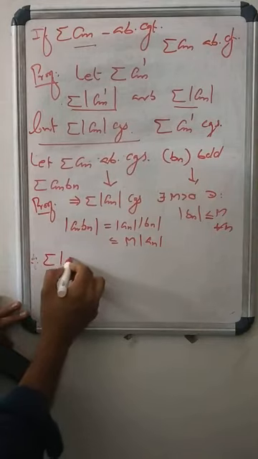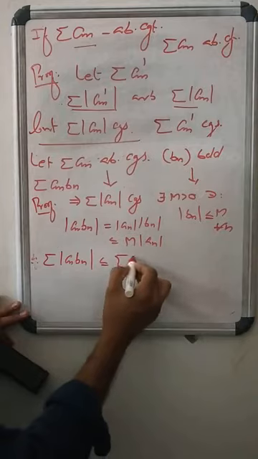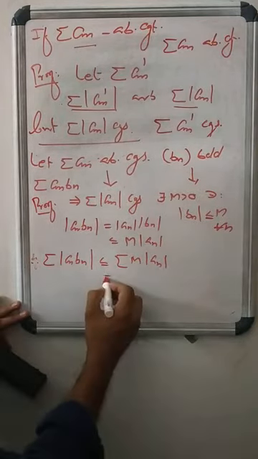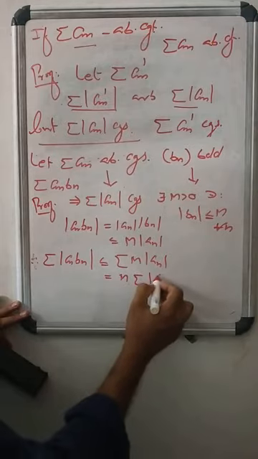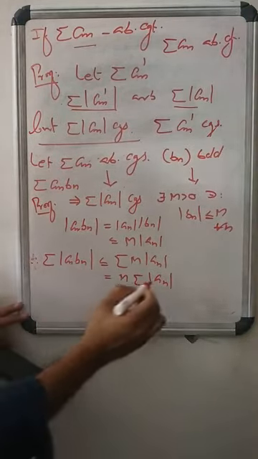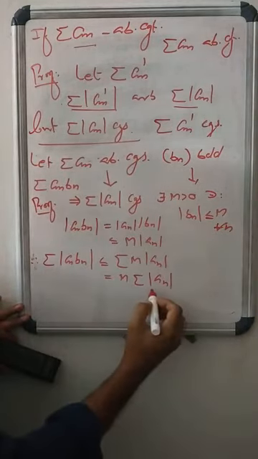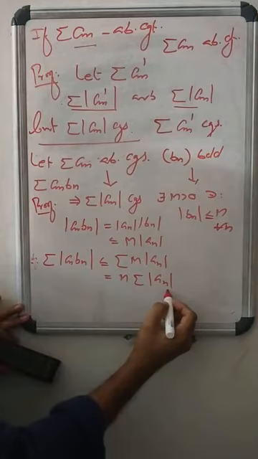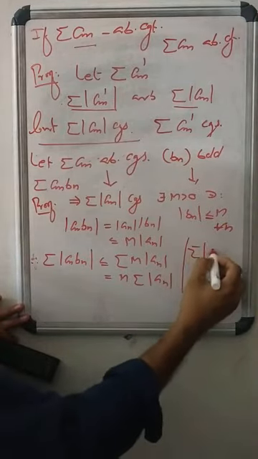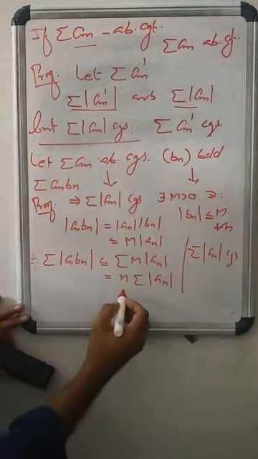Therefore, sigma modulus of an bn is less than or equal to sigma m into mod an, that equals m into sigma mod an. Now listen, what is sigma mod an? Sigma an absolutely convergent means sigma mod an converges.